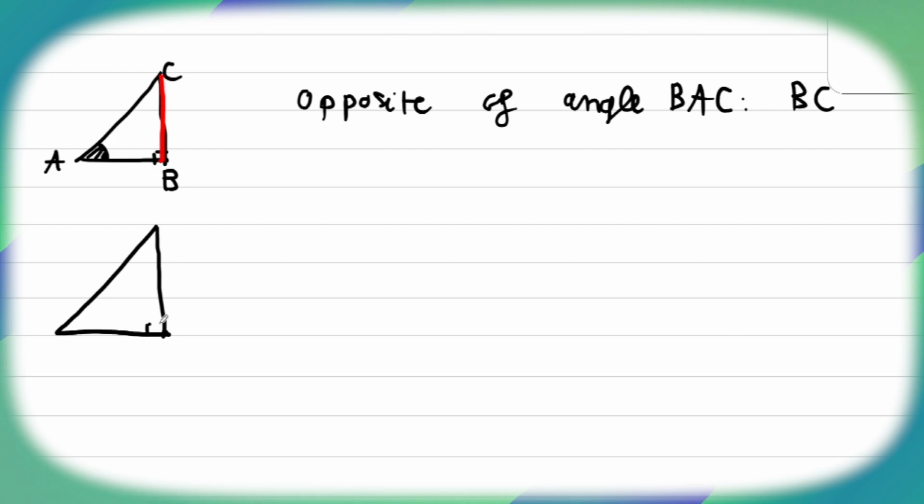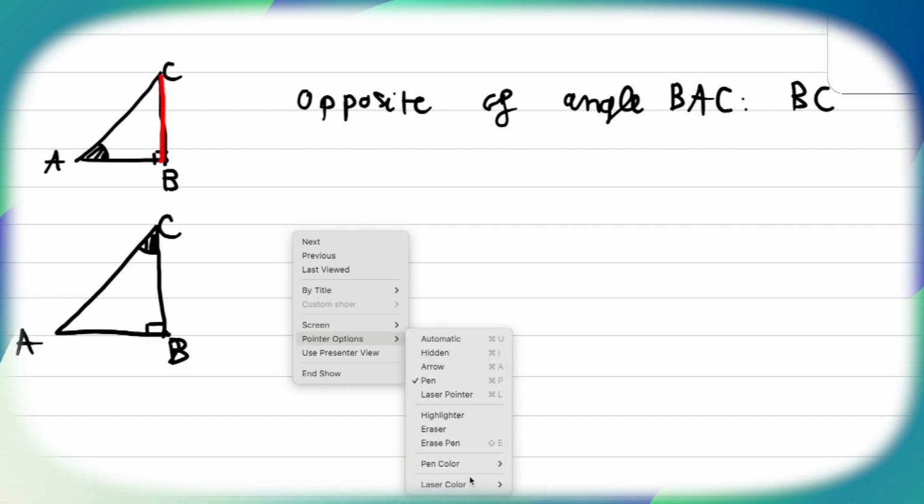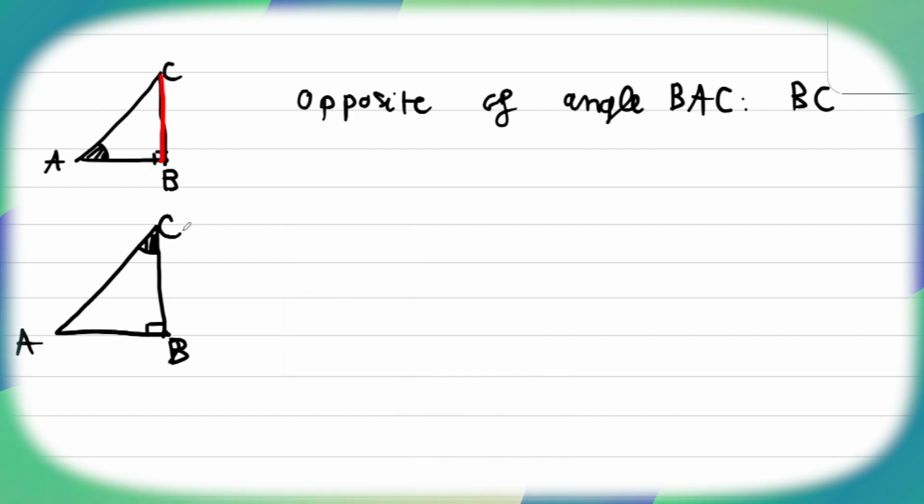How about the other example? I have the right angle triangle ABC here, but in this case I will choose this angle. So for this angle, you will have a different opposite side, because this angle represents the eye, and this eye will look at the world in this direction.